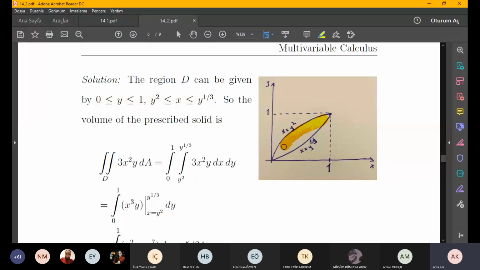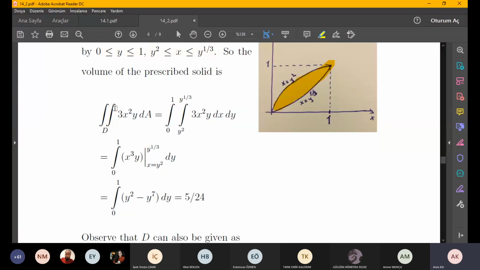So this one is the region D, and we can express the volume of the solid as the double integral of 3x squared y, which is f(x,y). If we integrate first with respect to x, then you have to write the boundaries here.